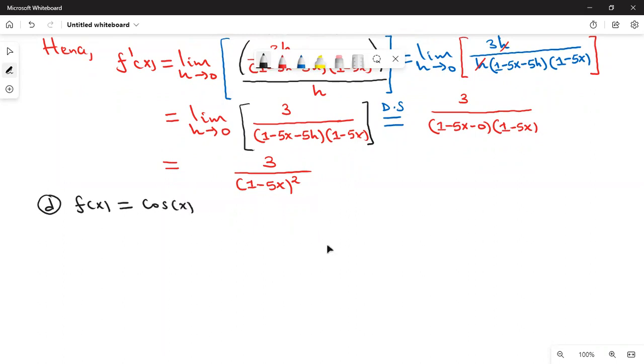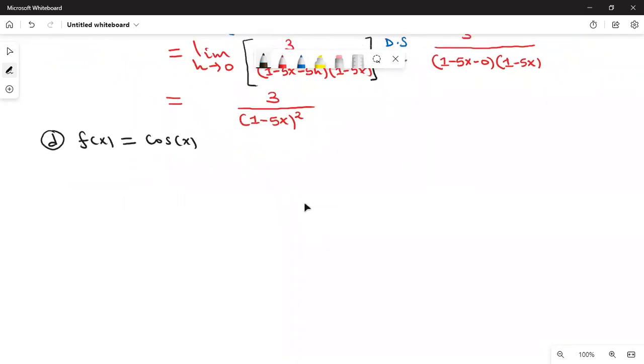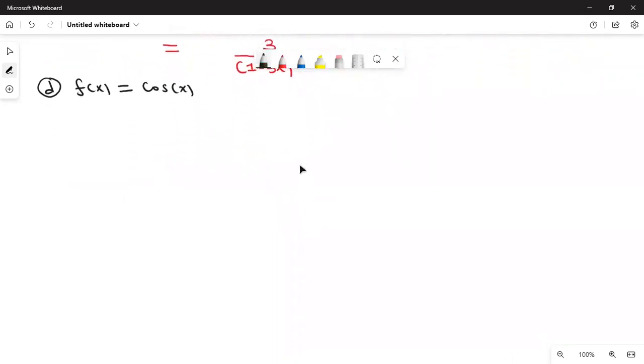You are asked to find f prime of x using the first principle of derivatives or differentiation. So from here, when you're given f of x to be cosine of x, we can find f of x plus h. Where there is x, you put x plus h, so that is cosine of x plus h.